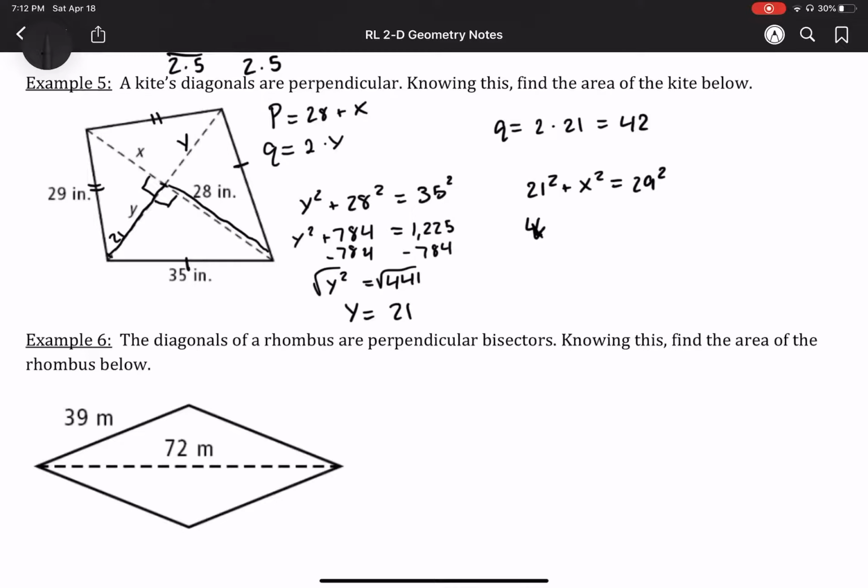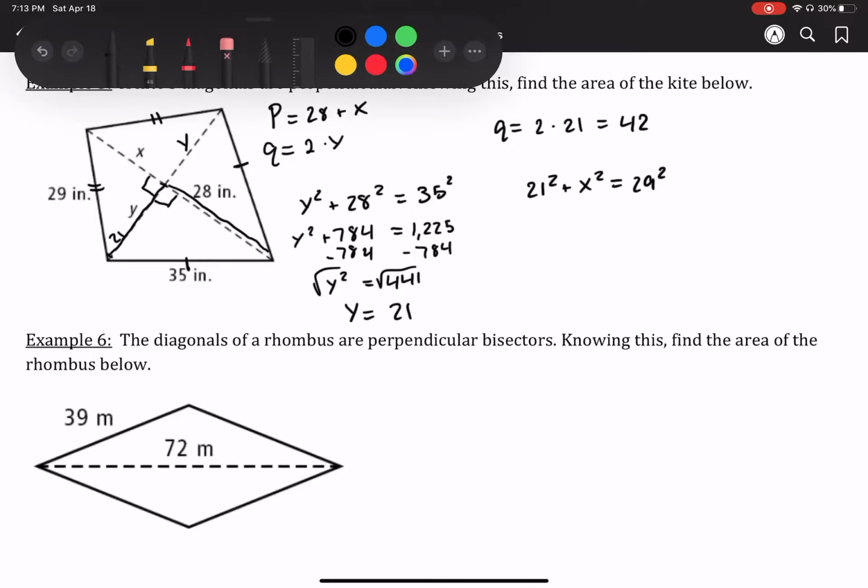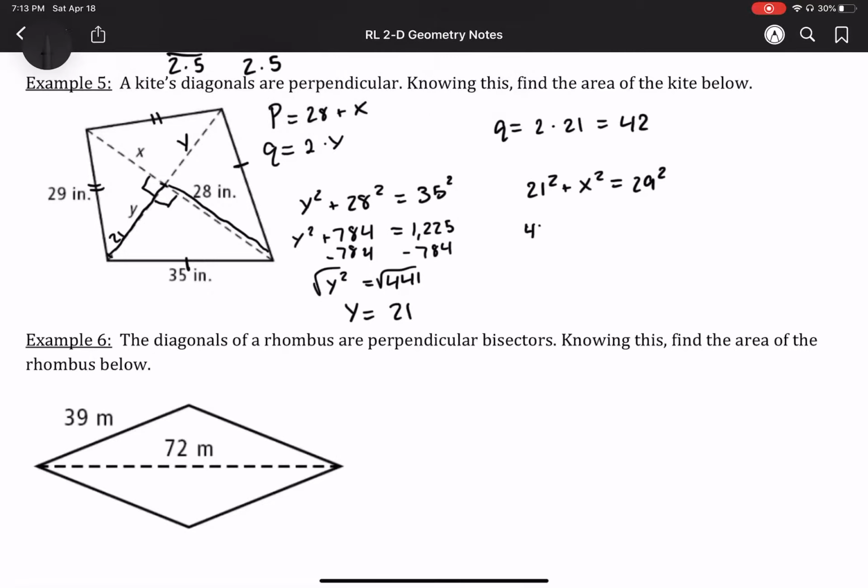I'm trying to get my eraser to pop up here, and it's not working. There we go. All right, so 21 squared is 441 plus x squared is equal to 29 squared, which is 841. And now I'm going to go ahead and subtract that 441 from both sides. And that leaves me with x squared is equal to 400.